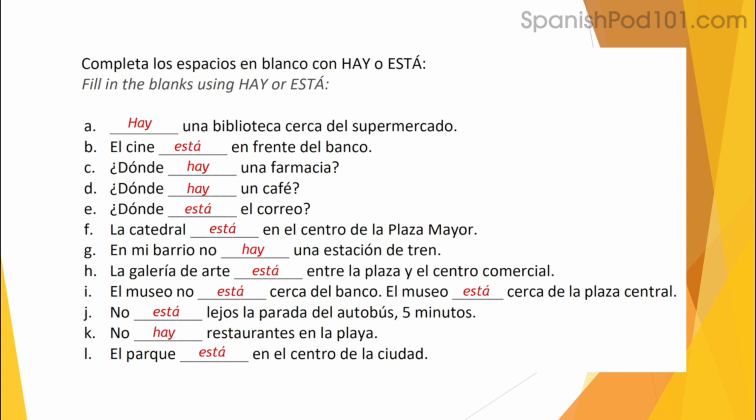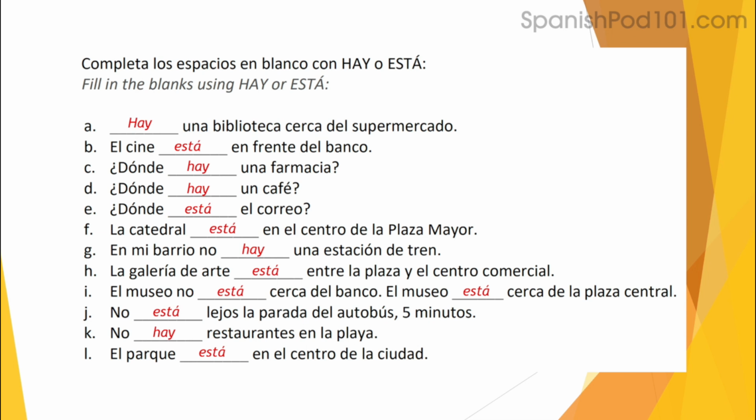¿Dónde hay una farmacia? ¿Dónde hay un café? ¿Dónde está el correo? La catedral está en el centro de la Plaza Mayor.